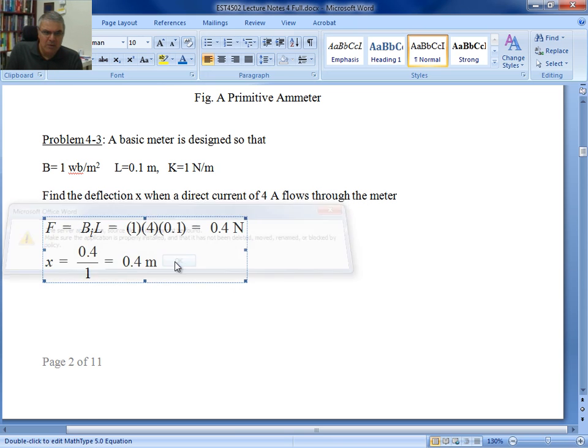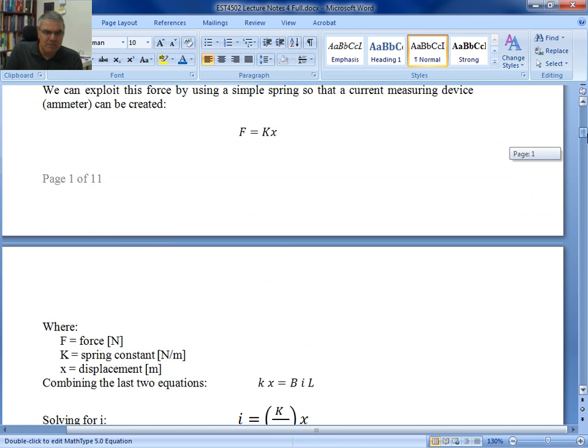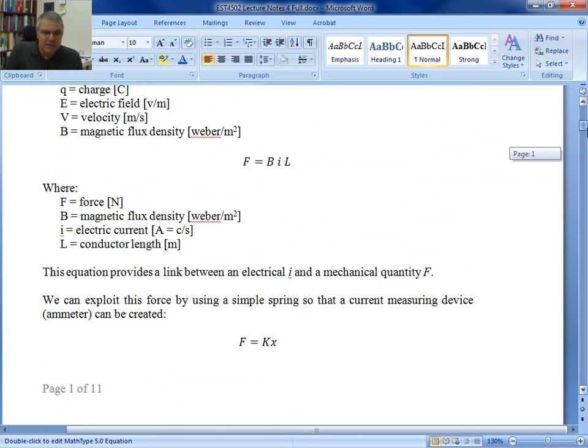Can't edit it now because I use an equation editor to do this, and I don't have access to it right now. But anyways, BIL, as it was defined in previous lectures: B is the magnetic flux, I is the electric current, and L is the conductor.